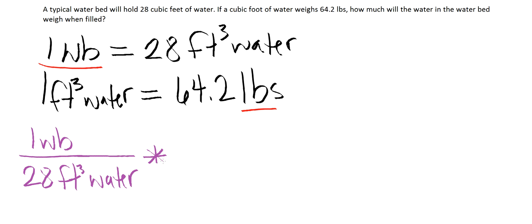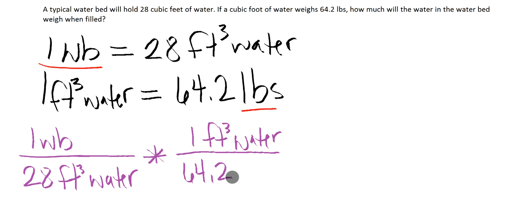And remember, I want to know how much this waterbed is going to weigh. So that means I need my cubic feet of water to cancel itself out when I do this multiplication. So there's 1 cubic foot of water from my second equality statement here. And that is going to be divided by 64.2 pounds.